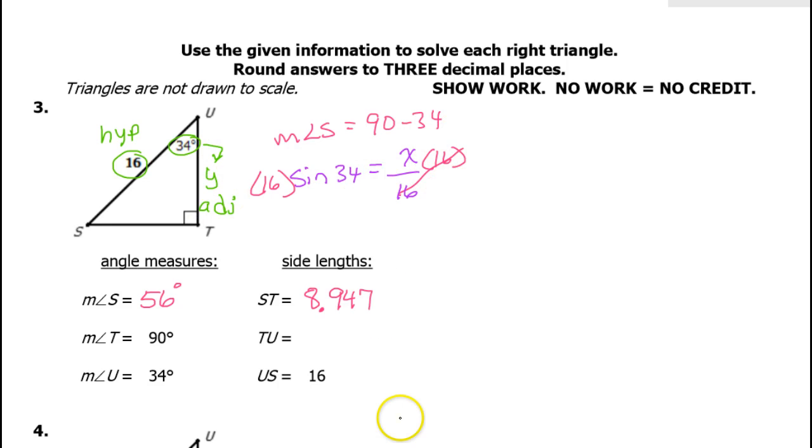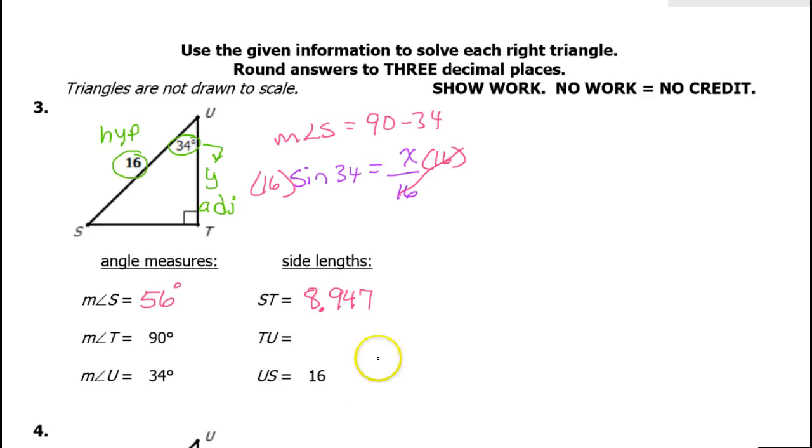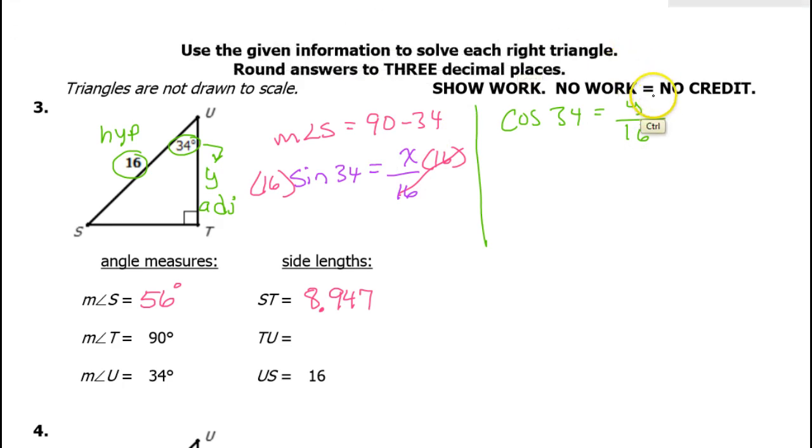So, adjacent and hypotenuse, you say, that's the cosine function, adjacent over hypotenuse. So I will say the cosine of 34 is equal to the adjacent leg over the hypotenuse. Again, if I want to get that y by itself, I can just multiply by the denominator, multiply by 16 on both sides.